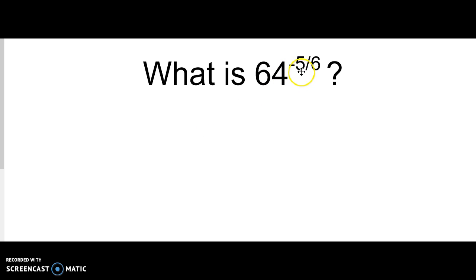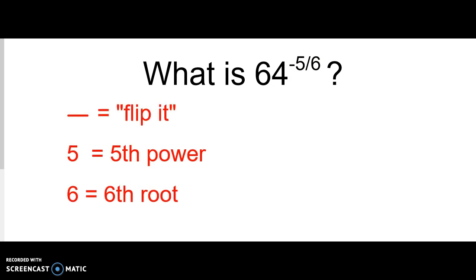The 5 tells us that I want a certain power, and the 6 tells us that I want a 6th root. So I'm going to flip it, I'm going to have the 5th power, and I'm going to have the 6th root. Okay, so it doesn't matter what order we do those 3 things in. We just need to make sure we follow all 3 sets of instructions.